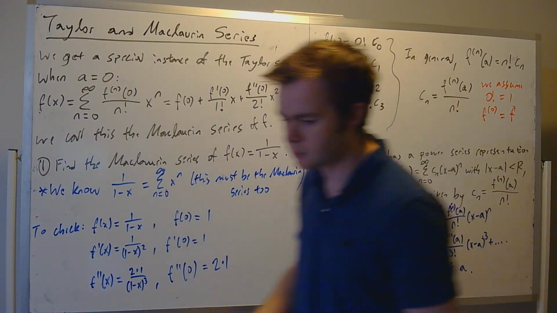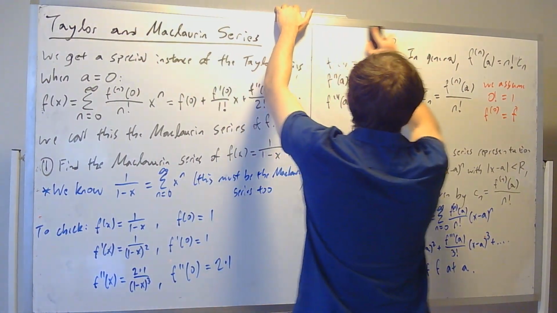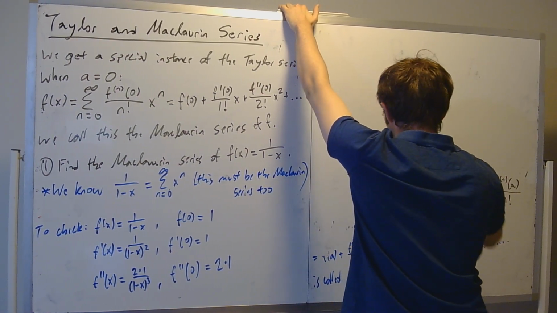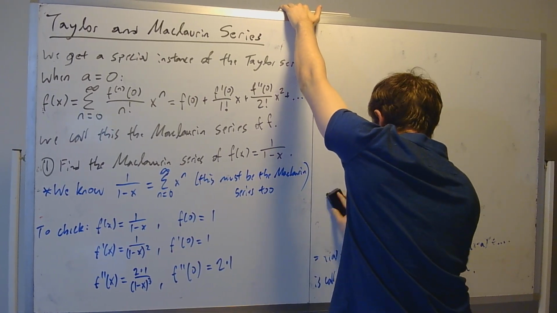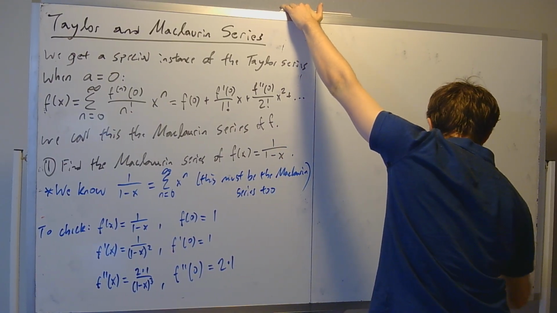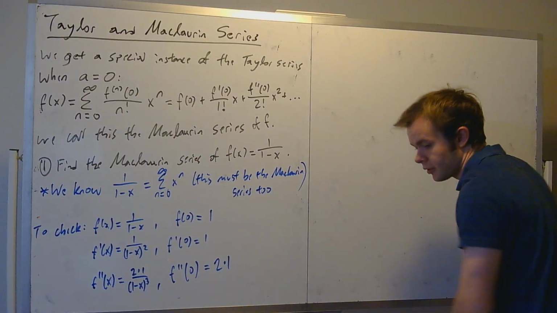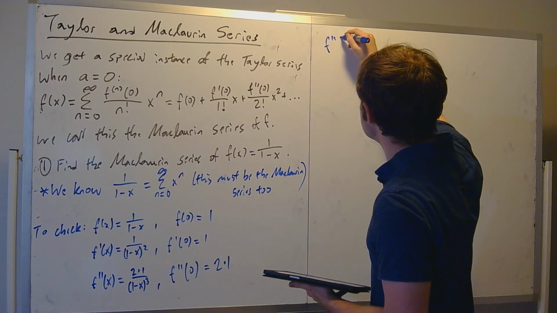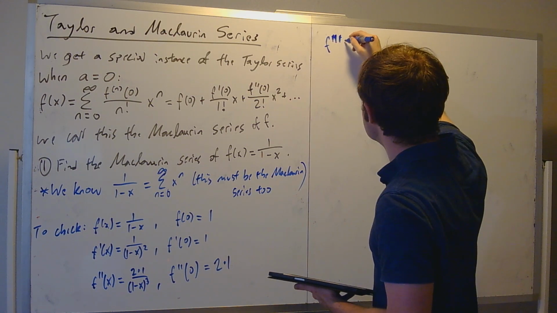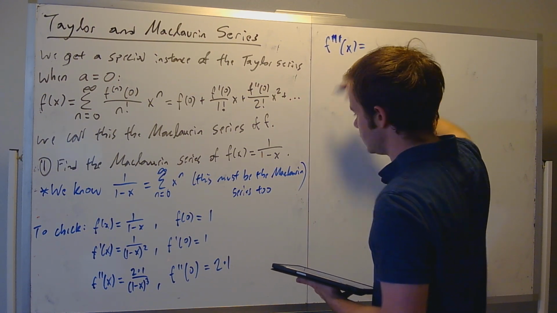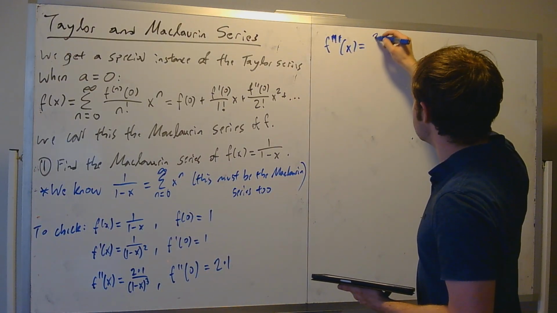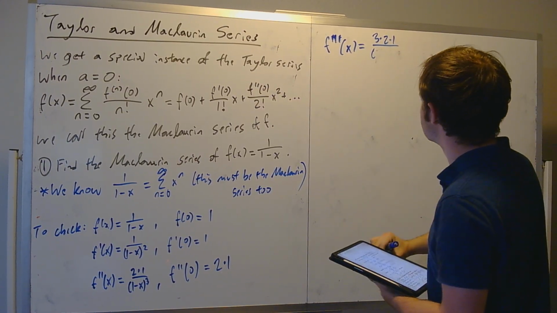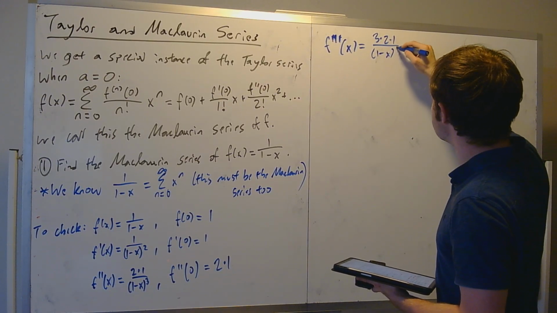Let's just write out one more derivative here, the third derivative. f triple prime of x, we take the derivative of this function, and what we're going to get is 3 times 2 times 1 over 1 minus x to the power of 4.